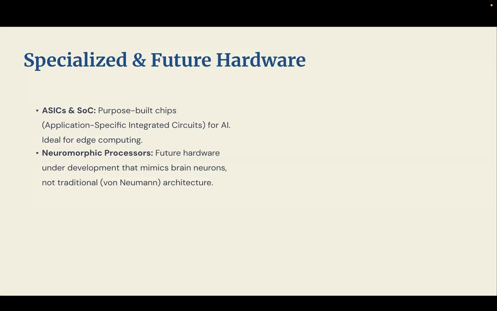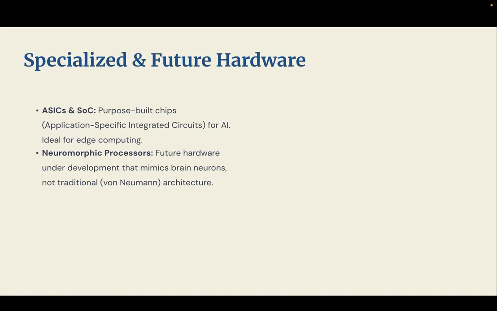ASICs means application specific integrated circuits, and SoCs means system on chip. They want to use that chip and port it anywhere they want. They don't want a bigger system. They want a small chip where the AI is deployed, so they can port that chip anywhere. These are called ASICs and SoCs.